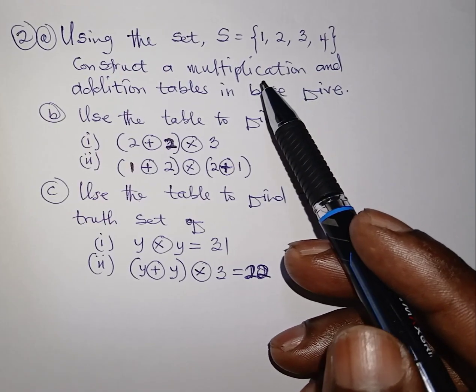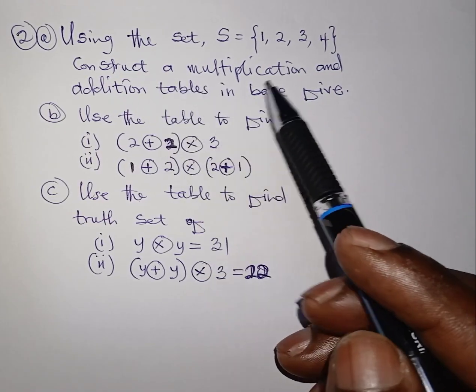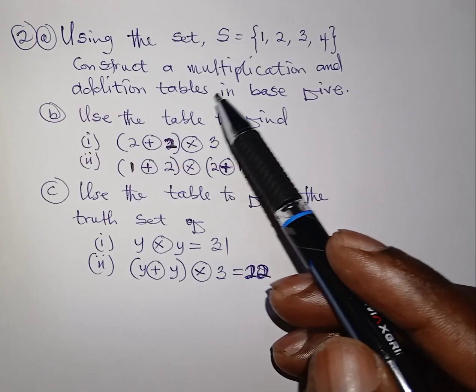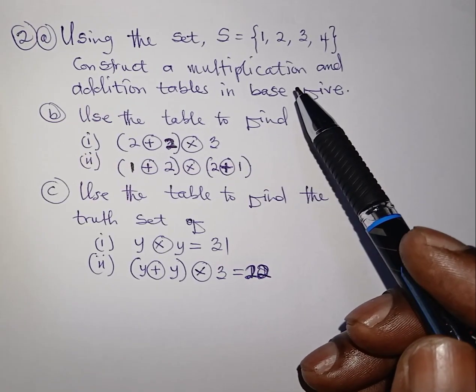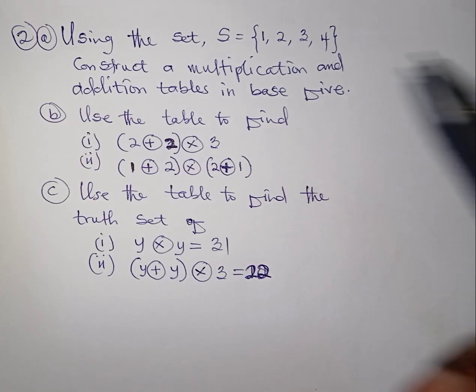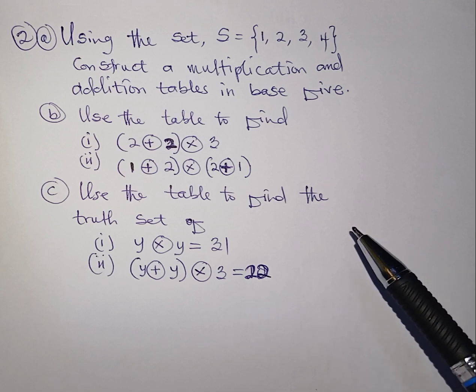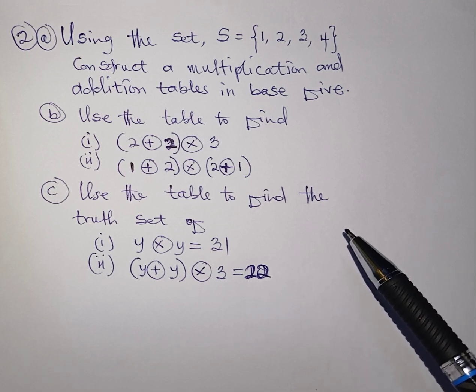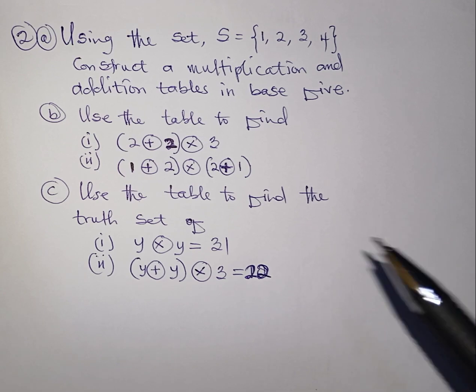Okay, so this one, we are asked to construct multiplication and addition tables in base 5. So it means that for this type of question, we are going to construct two different tables, one for addition and one for multiplication. So let's quickly do that.